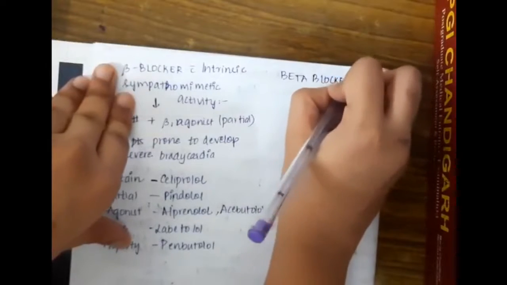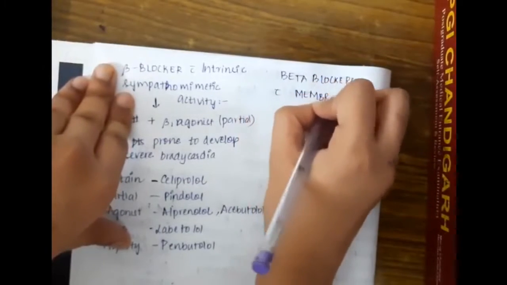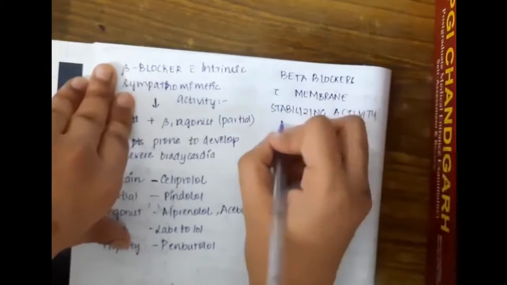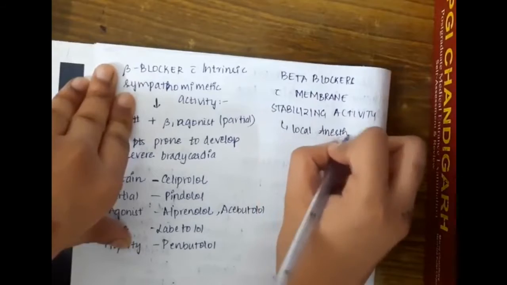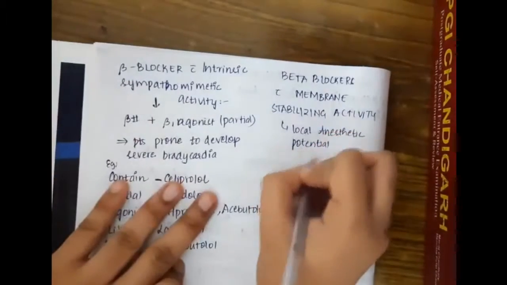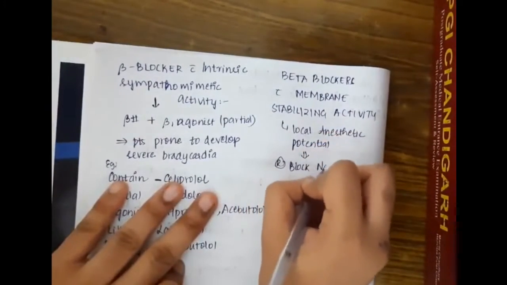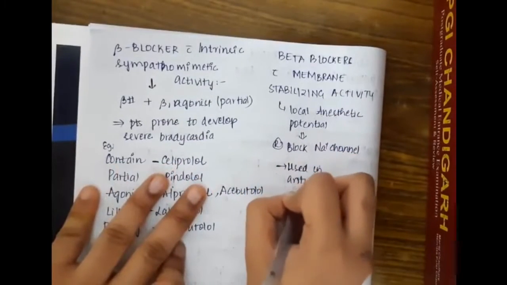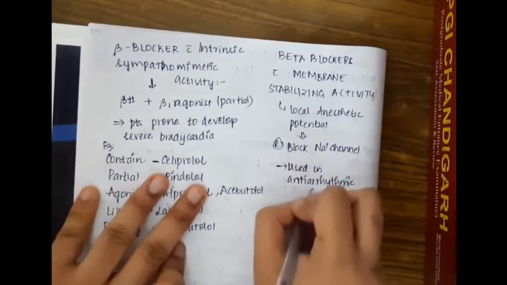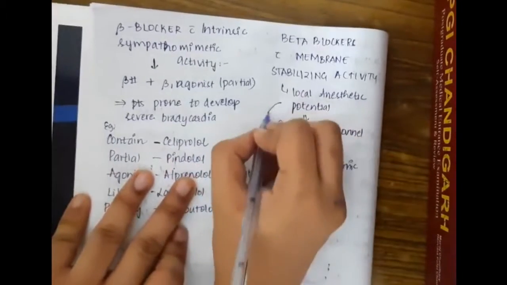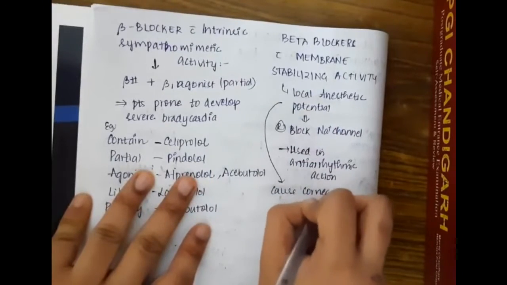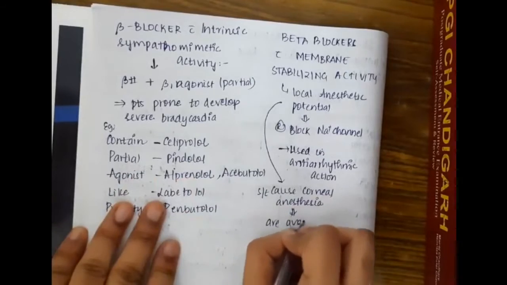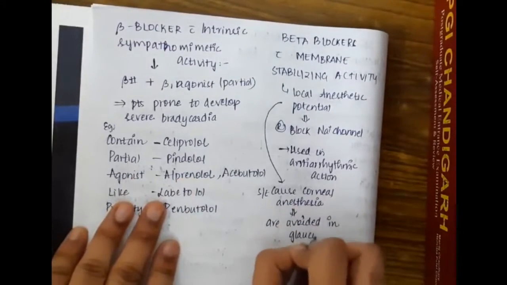Now beta blockers with membrane stabilizing activity. These have local anesthetic potential because they block sodium channels, and these beta blockers are used in antiarrhythmic action. The side effect of these beta blockers is that they cause corneal anesthesia, and as a result they are avoided in glaucoma.